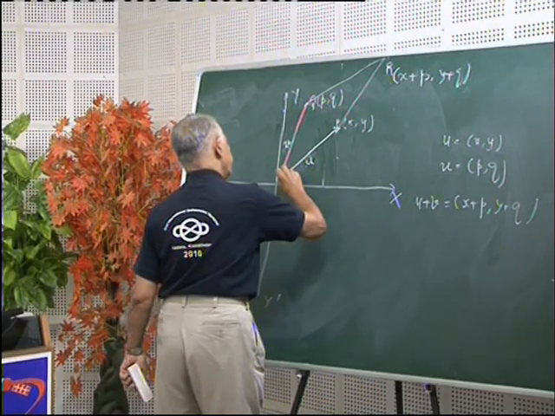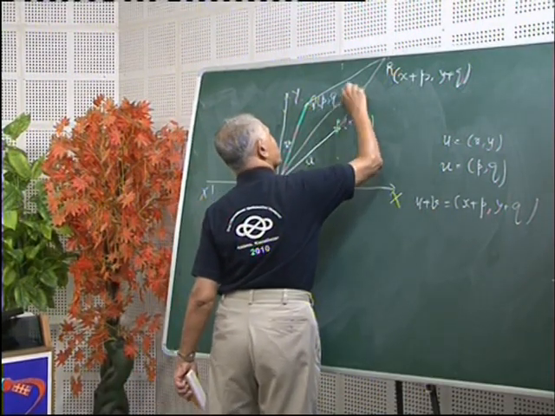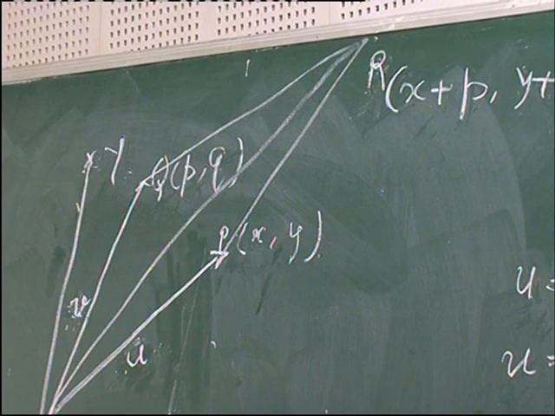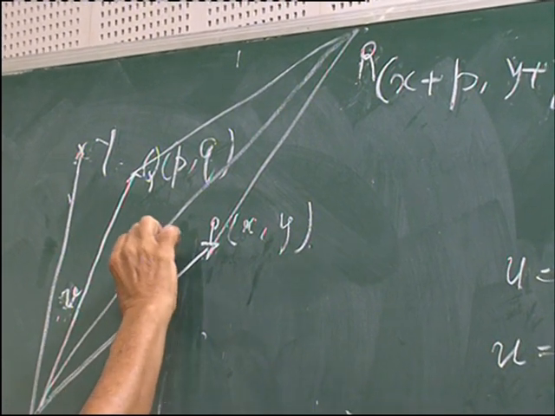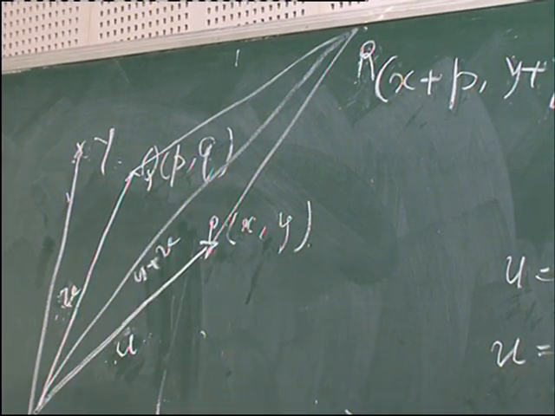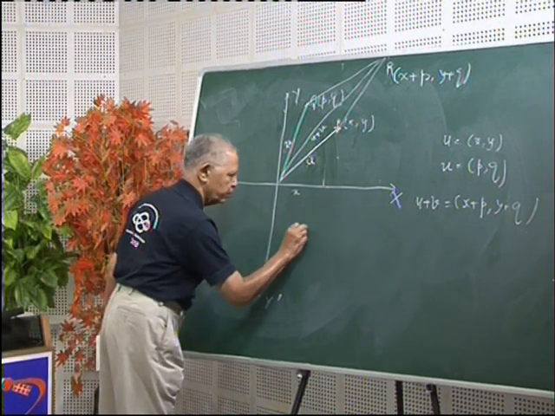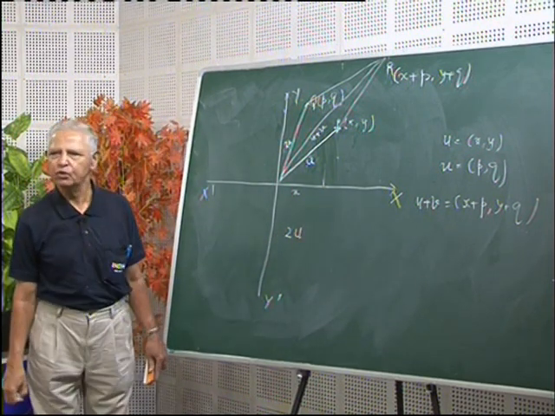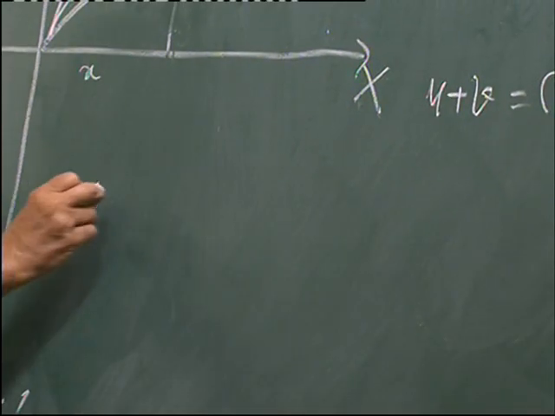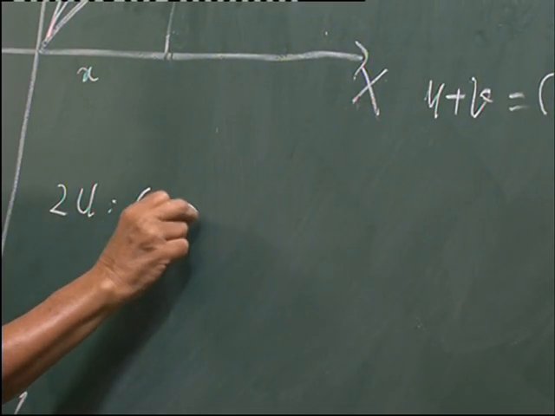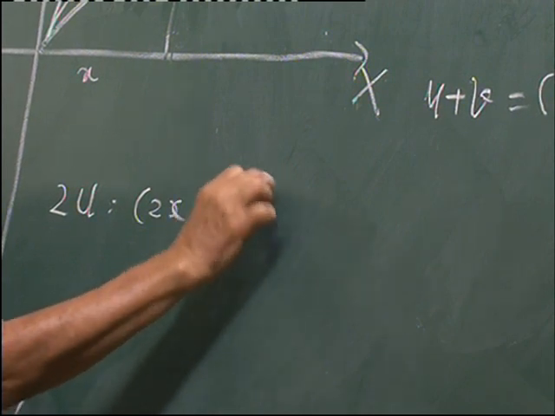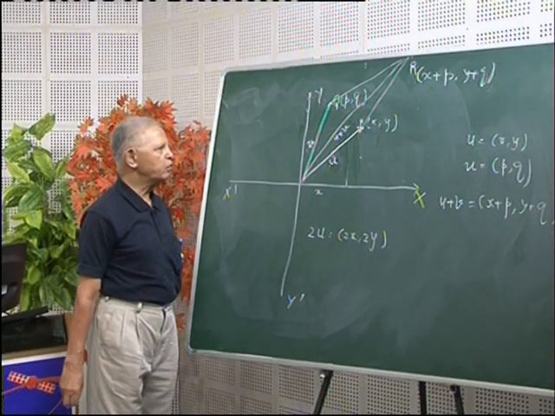That means the diagonal of the parallelogram represents the vector u + v. How do we represent 2u? 2u = (2x, 2y).